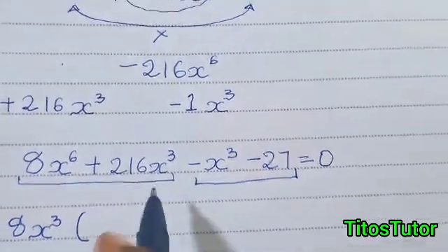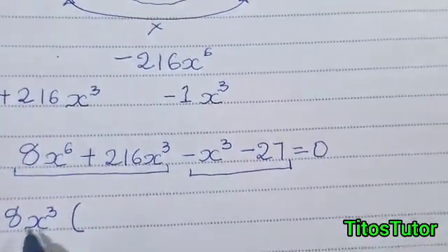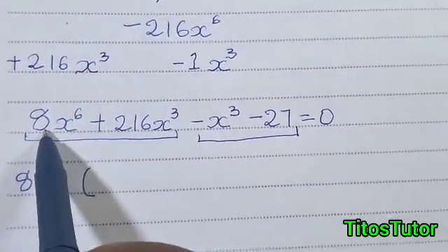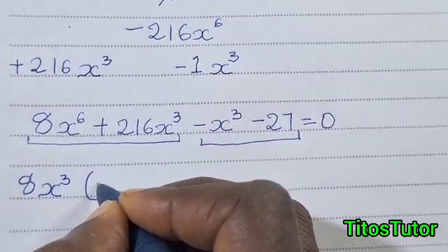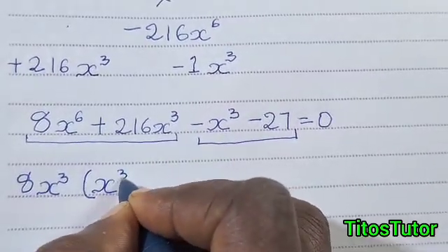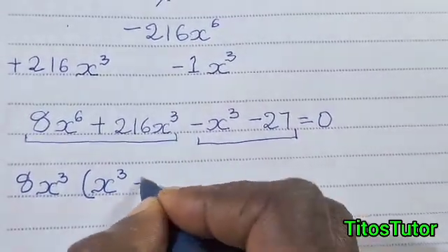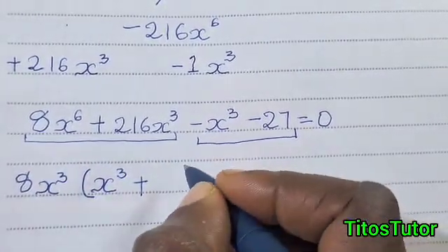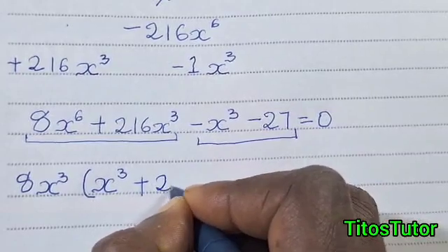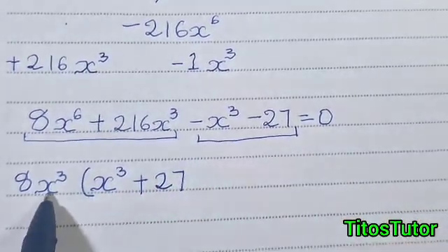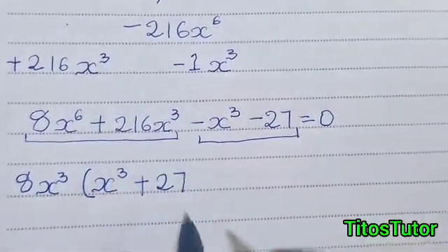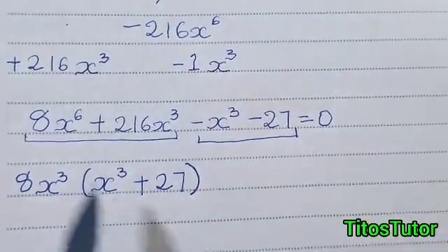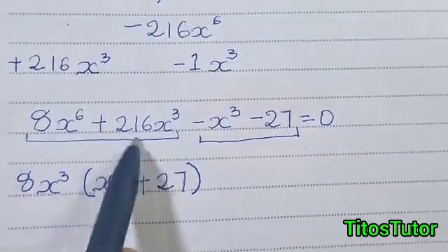Once I factorize 8x raised to the power of 3 from 8x raised to the power of 6, I'm left with only 8x raised to the power of 3 plus 216 divided by 8 is 27. I have factorized x cubed, there's nothing left. So no more x. I'm done factorizing my first two terms.